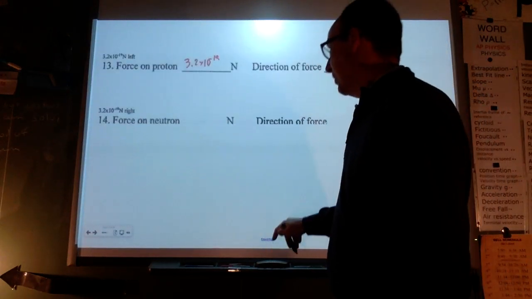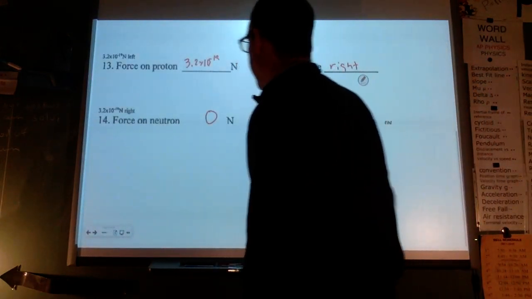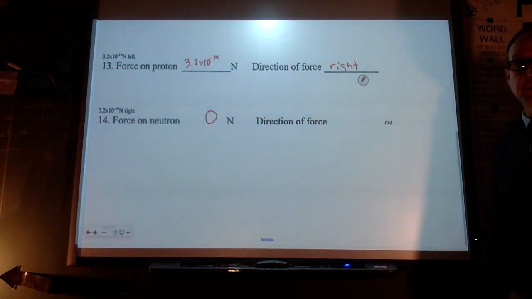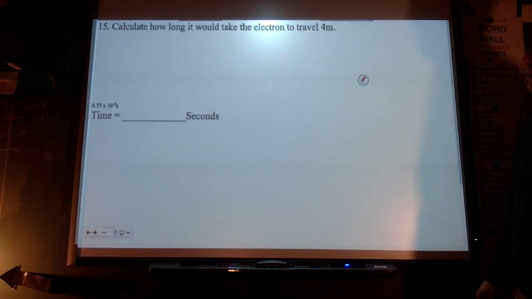And then since there is no charge on the neutron, it just has 0. So there's no direction associated with that.